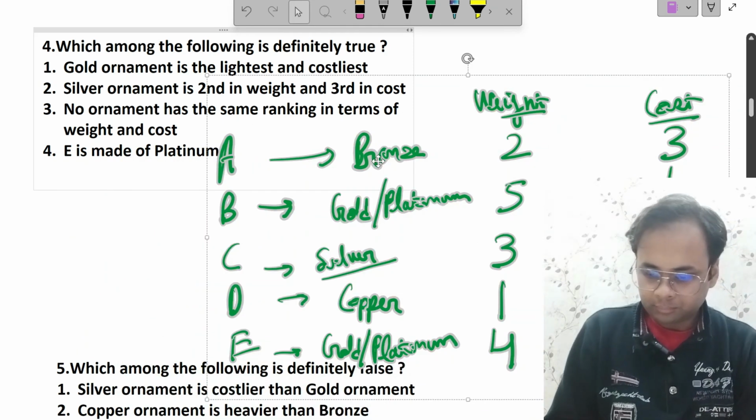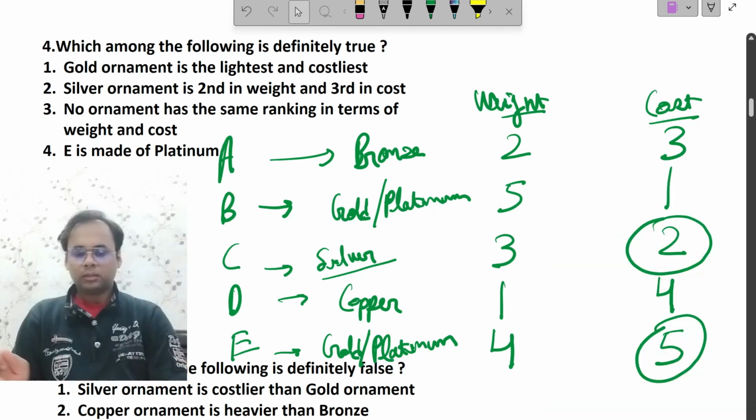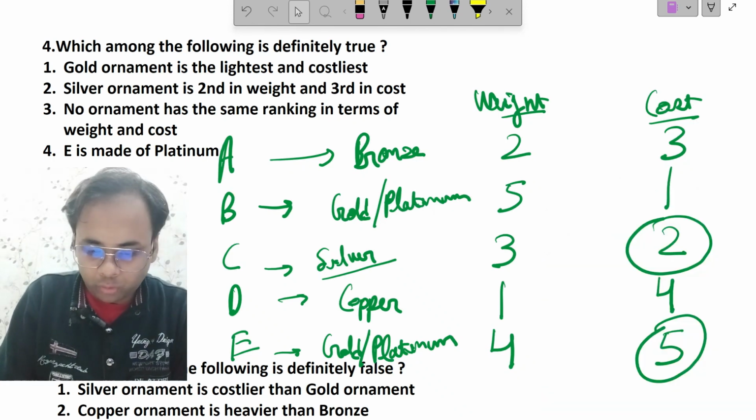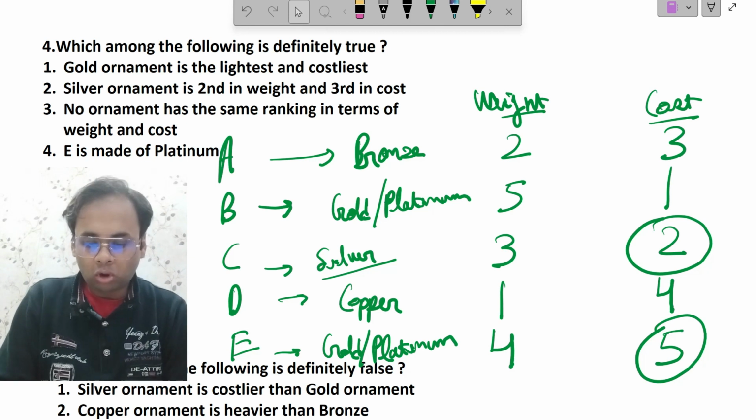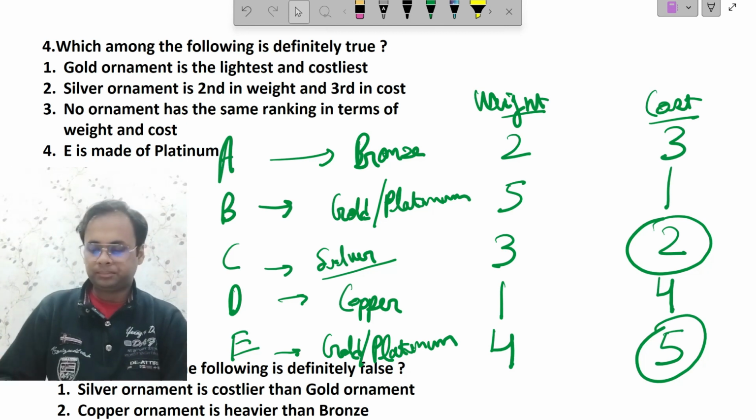Okay, so let us see which among the following is definitely true. So the first statement is gold ornament is the lightest and costliest.